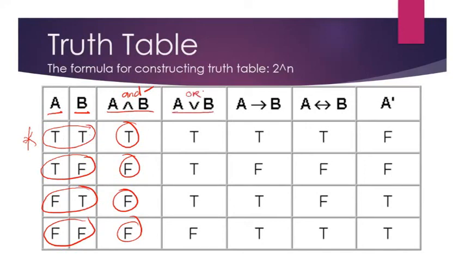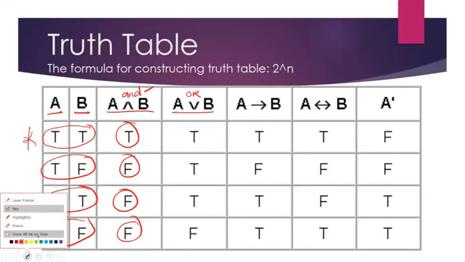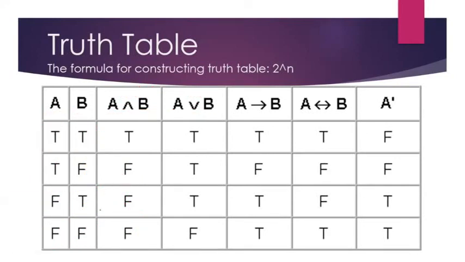Now, let's go with OR. Di ba sabi ko, pag OR, magiging false lang siya if both of the statements are false. Magiging true siya if isa sa mga statements or both statements are true. So, true, true, true.